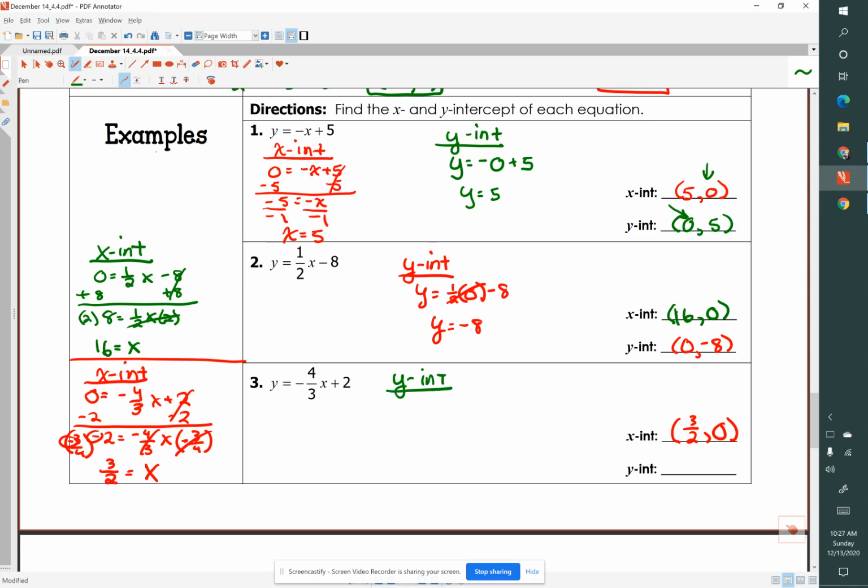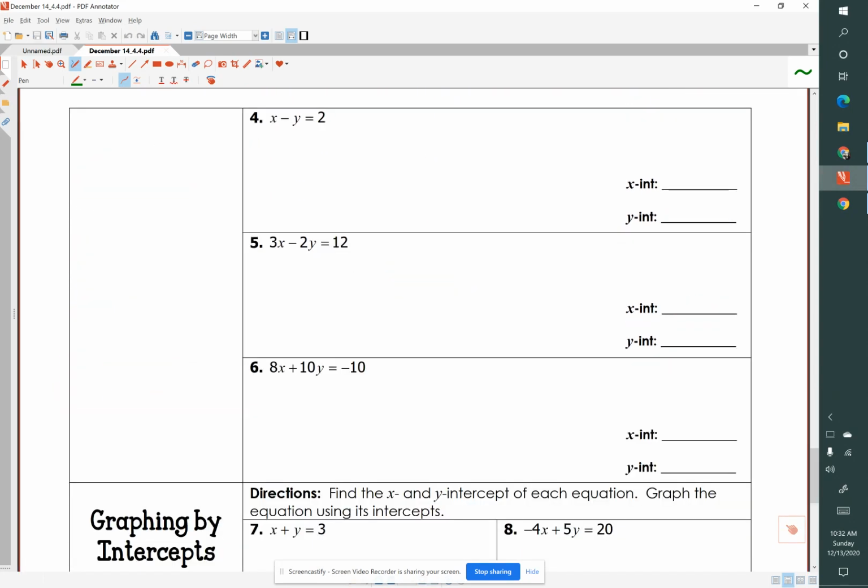Now we'll do the y-intercept. Well, we'll substitute 0 for x, so y equals negative 4/3 times 0 plus 2, and this becomes 0, so y equals 2, and my y-intercept is 0, 2. Okay, let's continue on with 3 more problems like this.